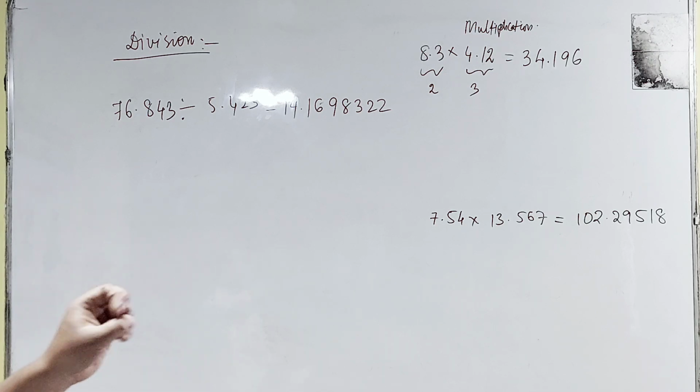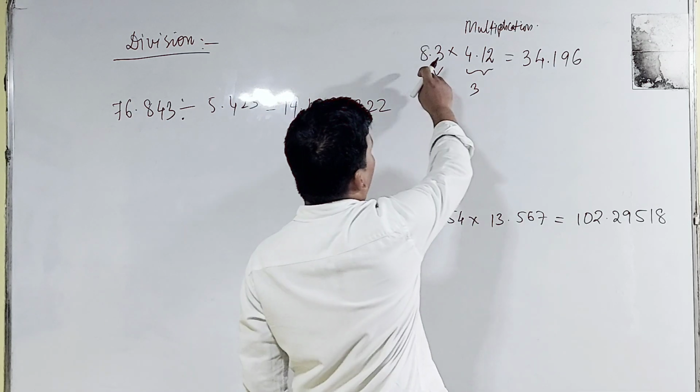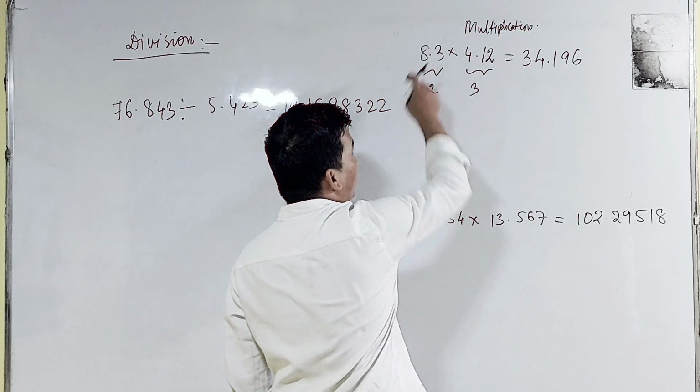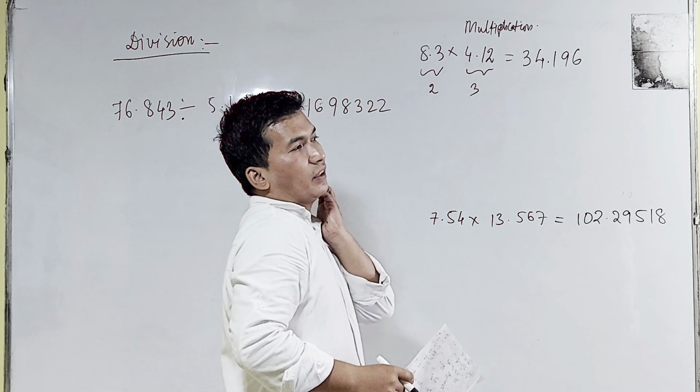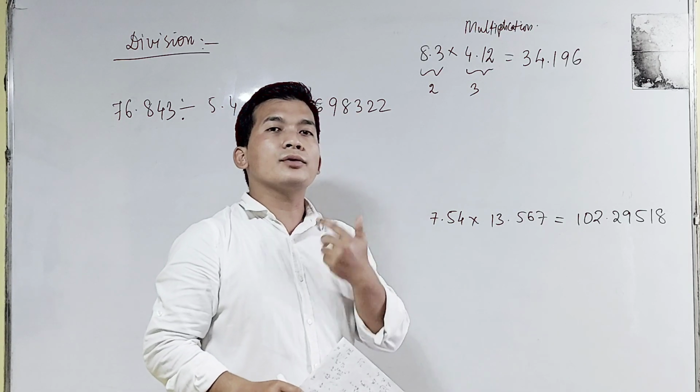But for multiplication and division we are going to stick to our concept of least significant figure. Out of these two numbers, which one has the least significant figure? The first number has the least significant figure and it comes out to be 2.